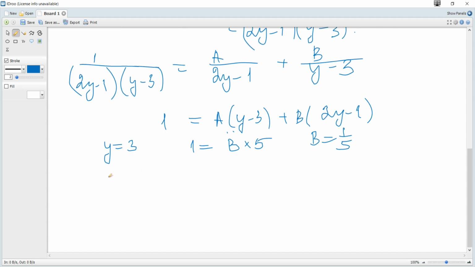Then when y is a half, to get this to be 0, we get 1 is a multiplied by negative 2.5 or negative 5 over 2 plus 0, so a is negative 2 over 5.